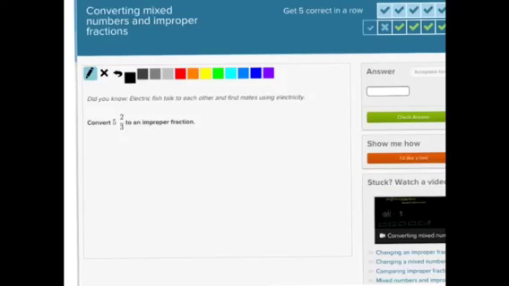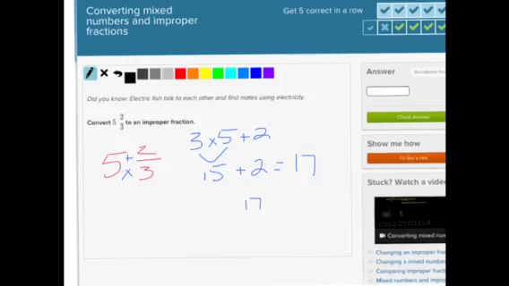Okay, so to convert 5 2/3 to an improper fraction, we're going to take 5 2/3, and now we're going to multiply and add. 3 times 5 plus 2, 3 times 5 is 15, plus 2 equals 17, giving me 17 thirds as my final answer, which is what I would put in my answer space.